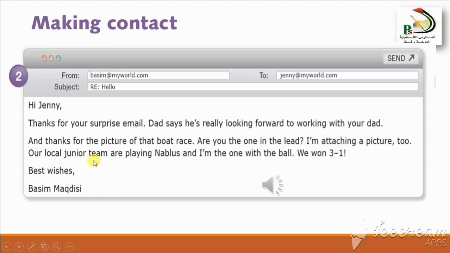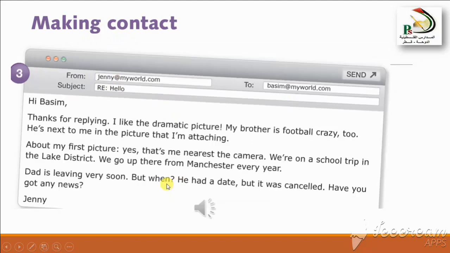He is playing Nablus and he is the one with the ball. They won 3-1. Best wishes, Basim Maqdisi. So Basim is in Palestine, Jenny is in England, and they are in contact via email. You got it?